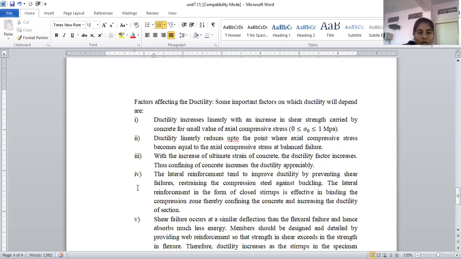Next one, lateral reinforcement tends to improve the ductility by preventing shear failure and buckling.